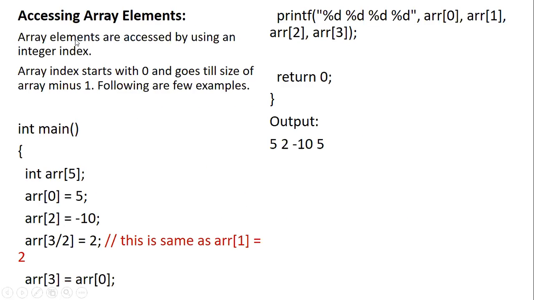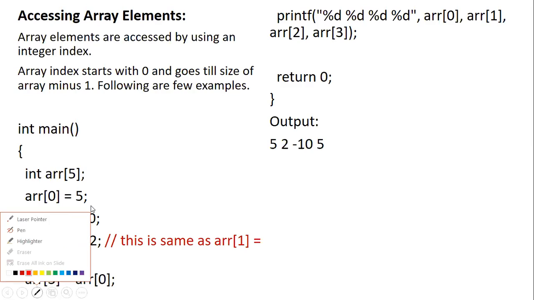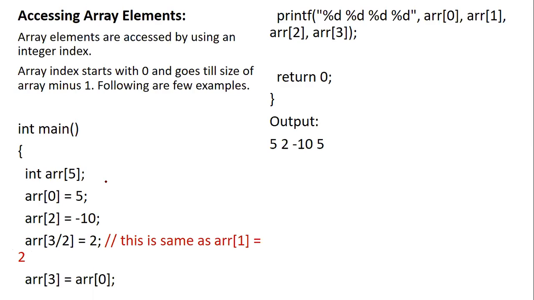Next is how to access the array elements. For accessing the array elements, use an index. We already know that the array index starts with 0 and goes till the size of the array minus 1. Just see through this program. We have declared an array of size 5.